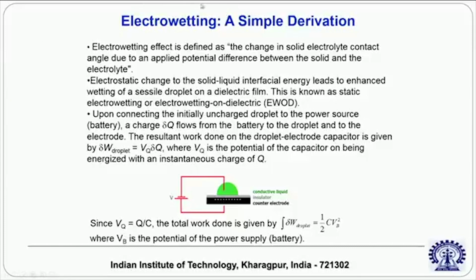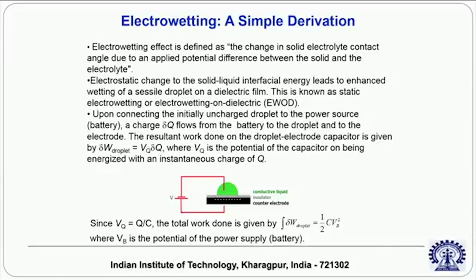I am explaining this figure, and let me try to point the mouse, yes. Here, upon connecting the initially uncharged droplet to the power source, which is the battery, there is a charge delta q that flows from the battery to the droplet and then to the electrode.